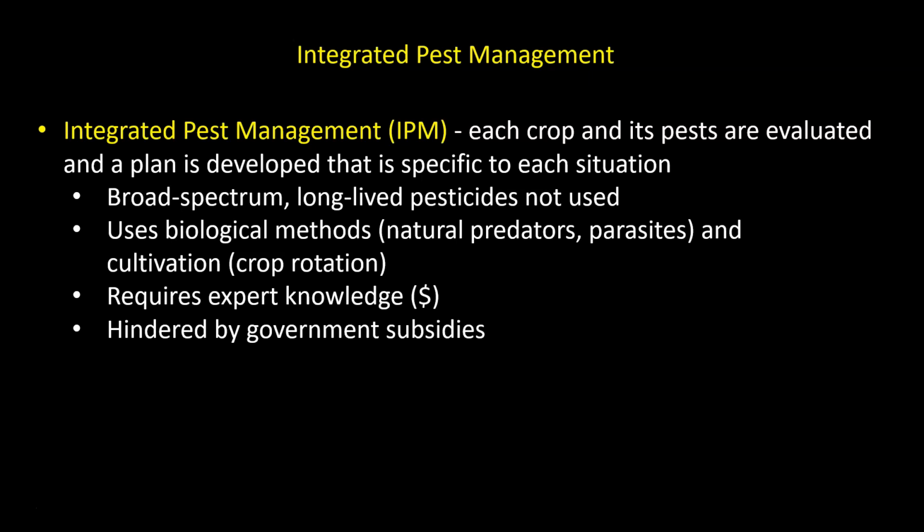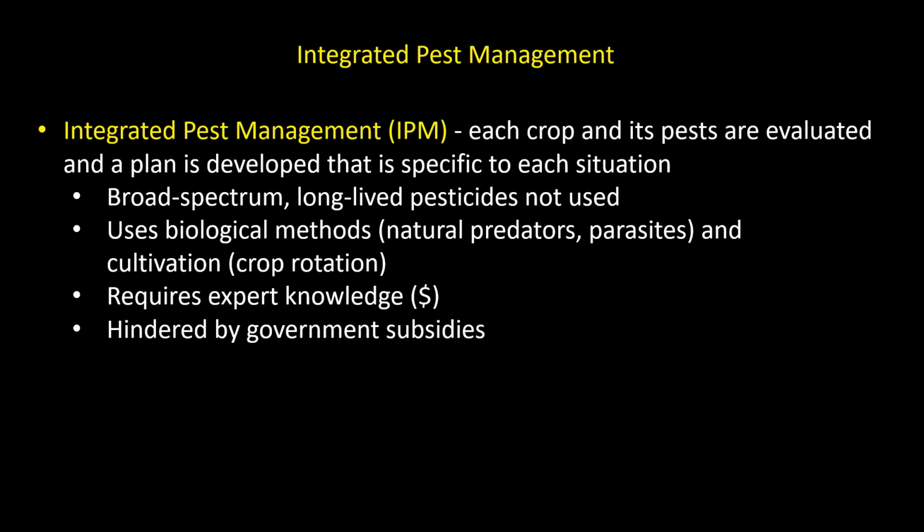In IPM, broad-spectrum, long-lived pesticides aren't used. Instead, biological methods such as natural predators and parasites and cultivation such as altering planting times are used. Small amounts of narrow-spectrum pesticides are used occasionally when absolutely necessary.